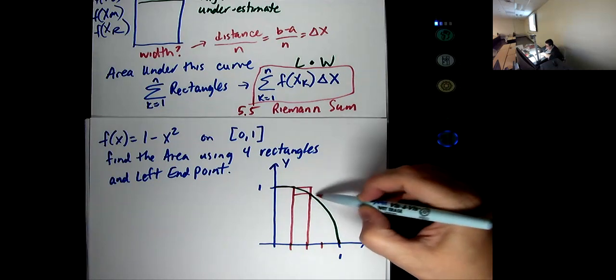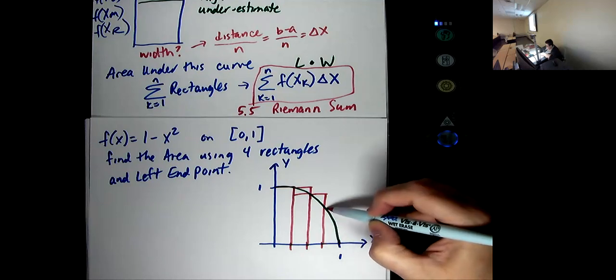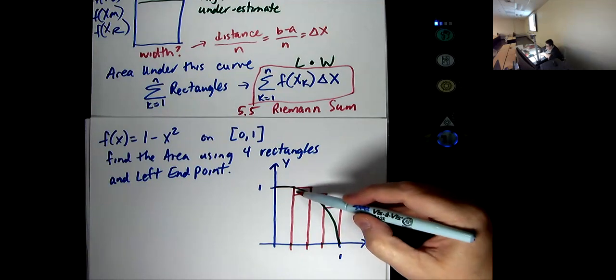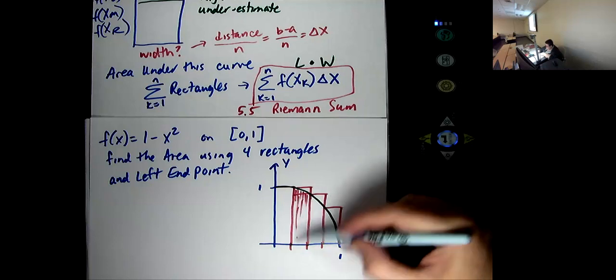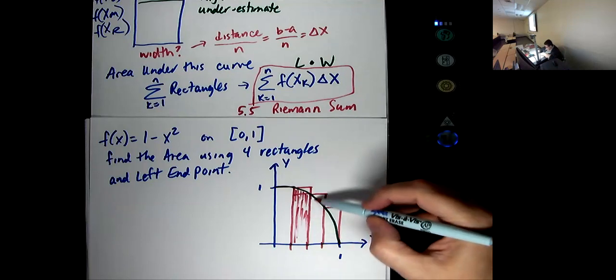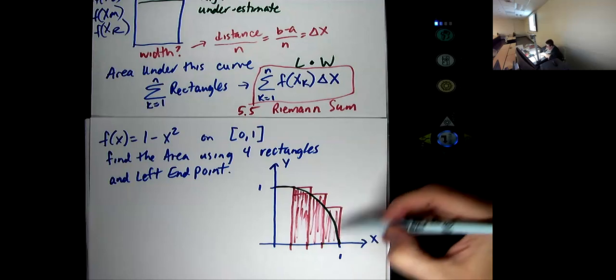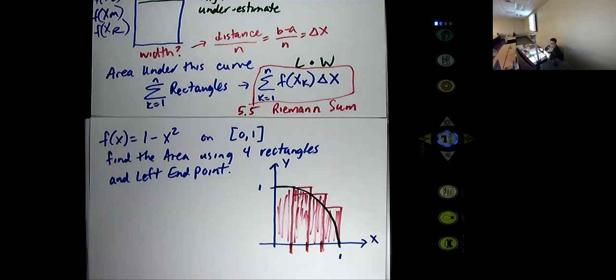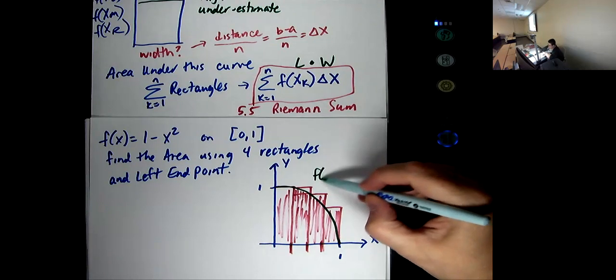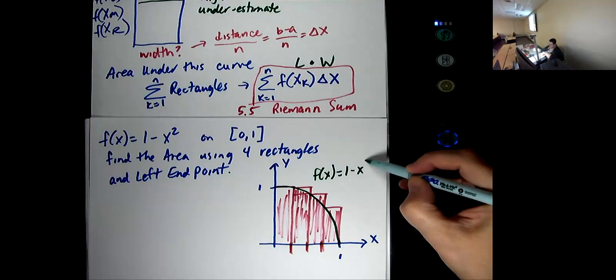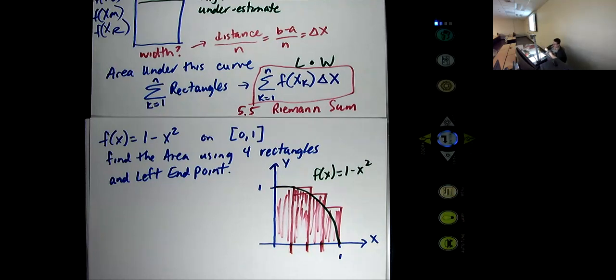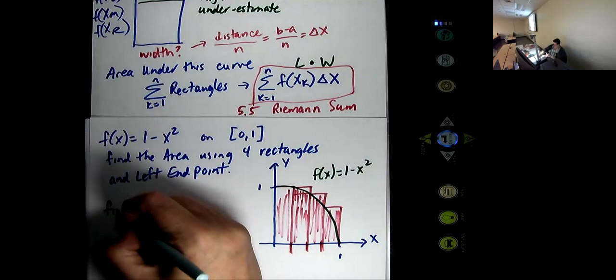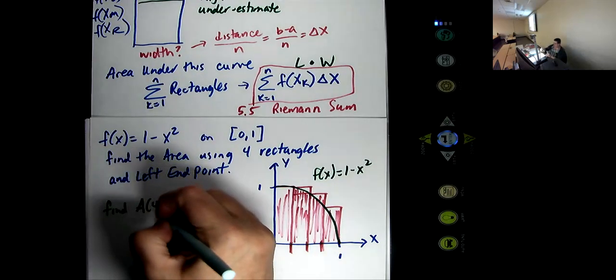There we go. The curve is 1 minus x squared. Find A4.